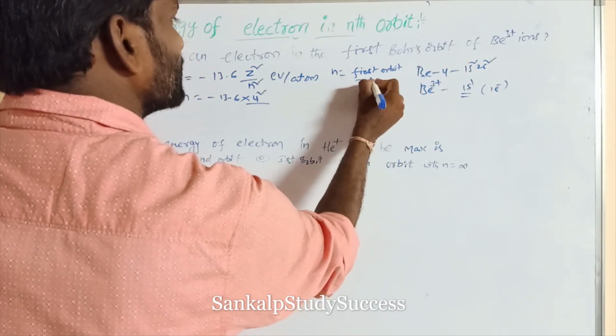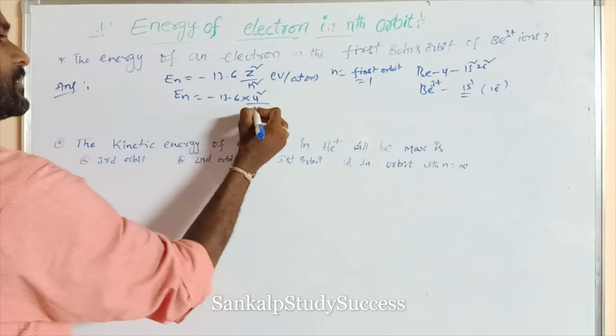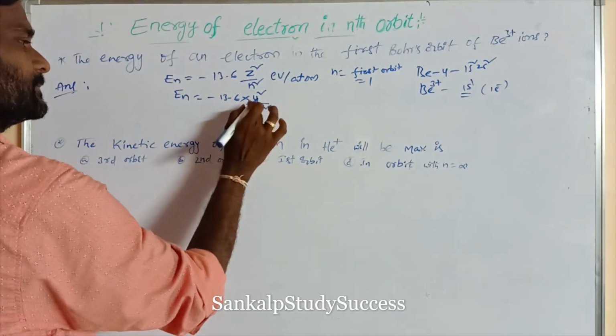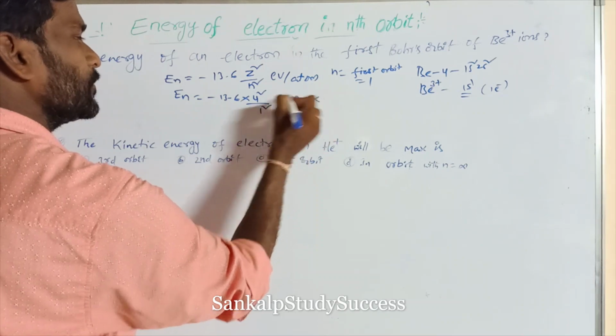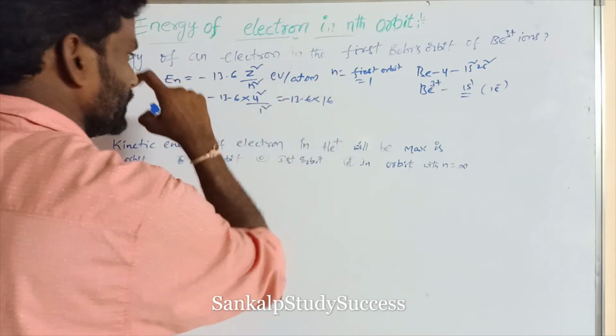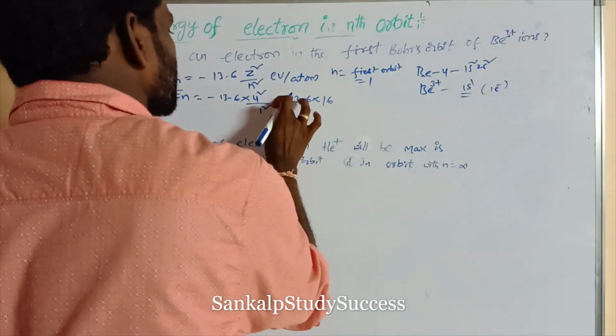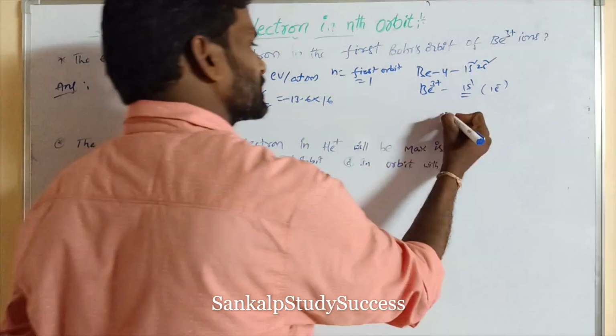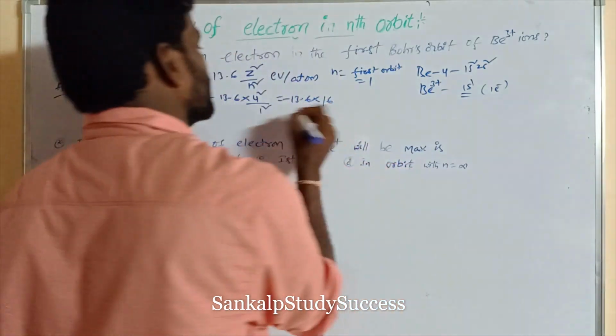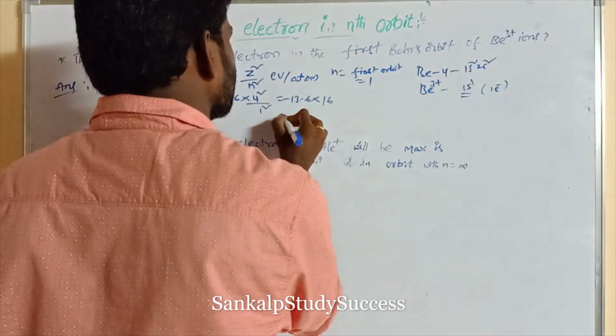First orbit means 1, so N square means 1 square. So minus 13.6 into 4 square, that is 16, by 1 square.